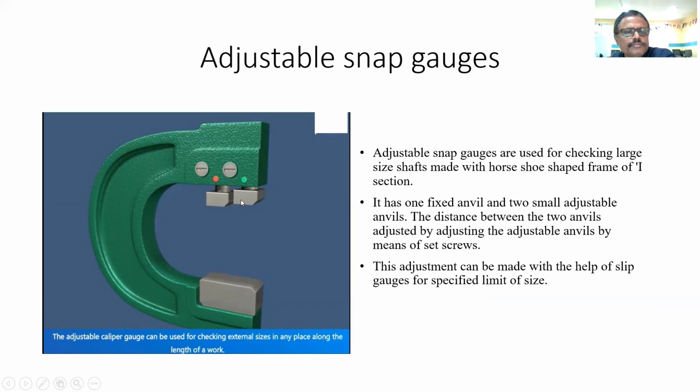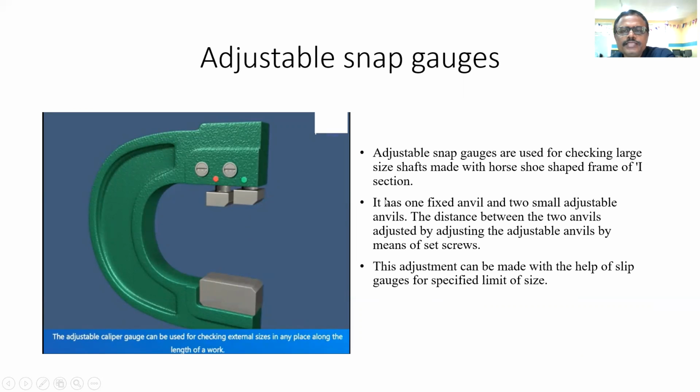The diagram shows one green button and the other one red button. By screwing the green one, we can adjust for the go size, and by screwing the red spot, we can adjust for the no go size.